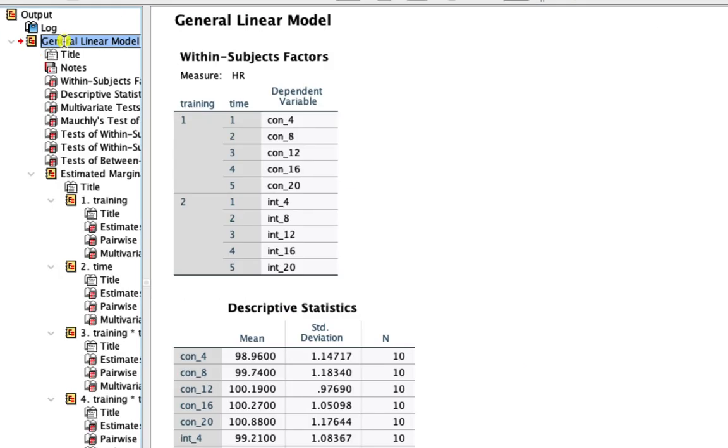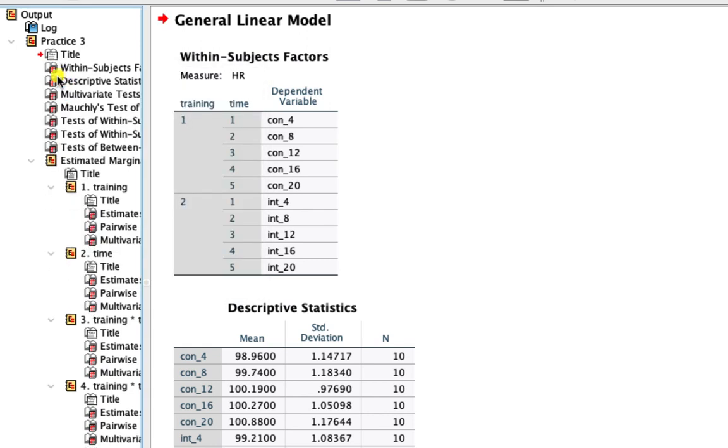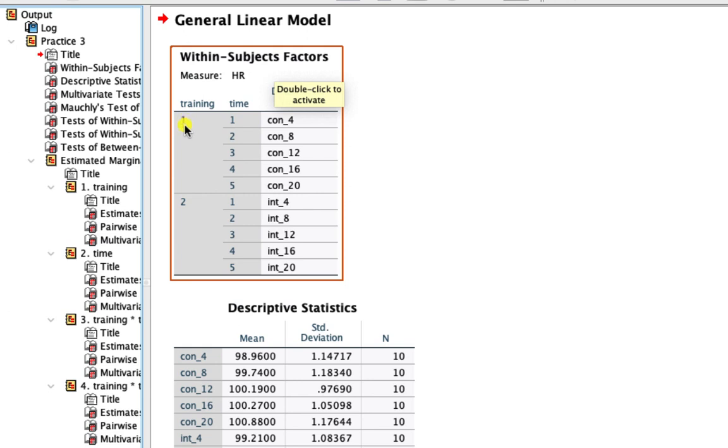First things first, let's relabel this practice 3. I'll get rid of the notes section. We can see our within-subject factors up here have the labeling conventions that we used for training. So again, 1 is representing our continuous training, 2 is representing interval, and our time points are associated 1 with 4, 2 with 8, 3 with 12, 4 with 16, 5 with 20.